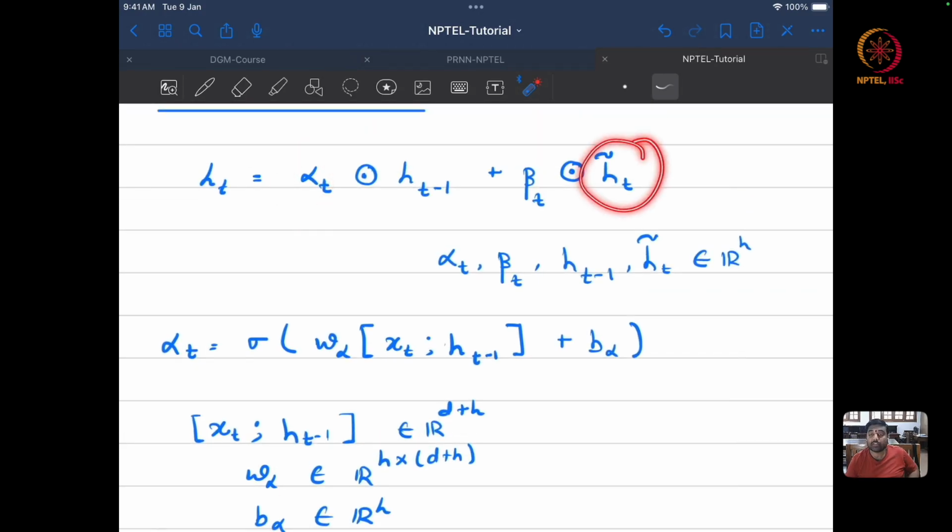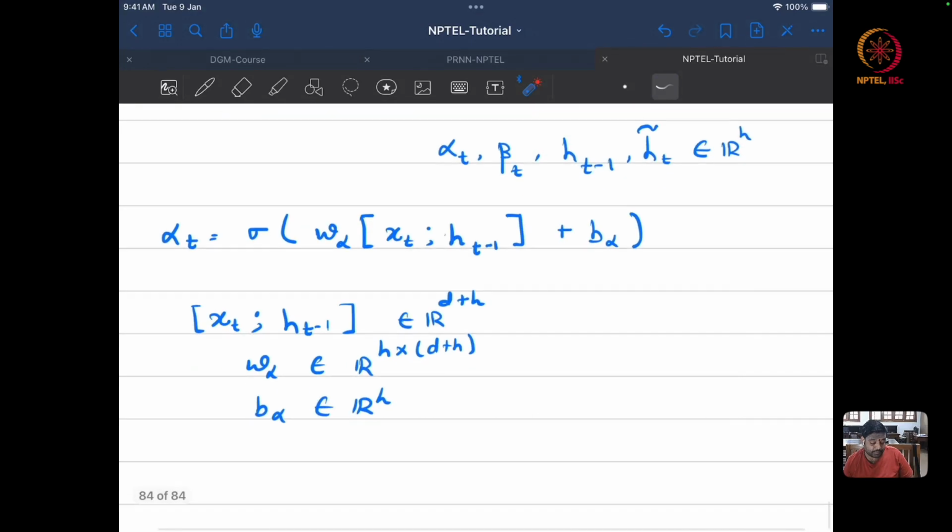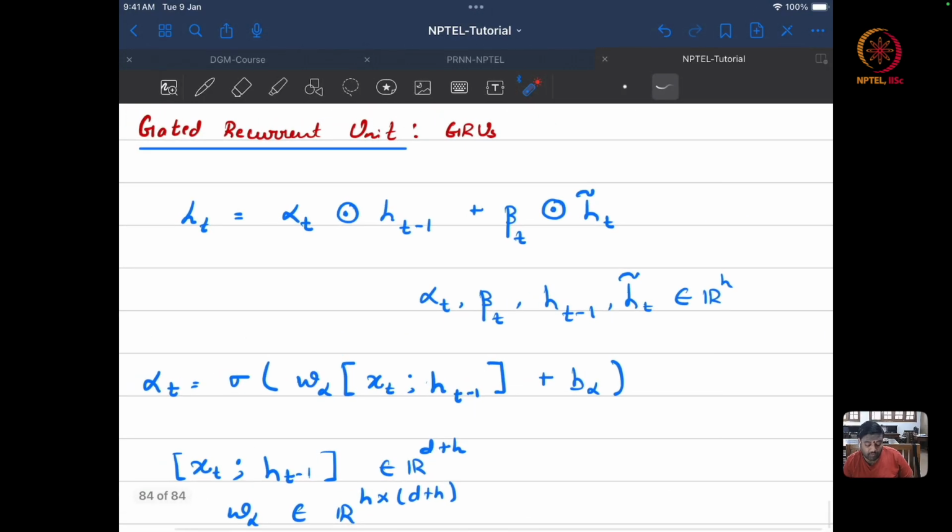Now we have to come up with this h_t tilde. To come up with this, rather than directly going ahead and using the previous state, what they do is they will have some learnable parameters and put it as what is known as a residual connection. The words don't matter.